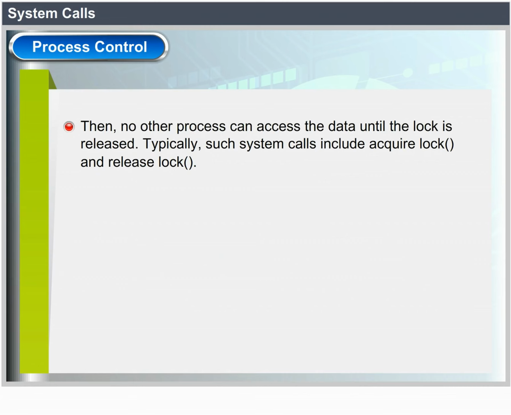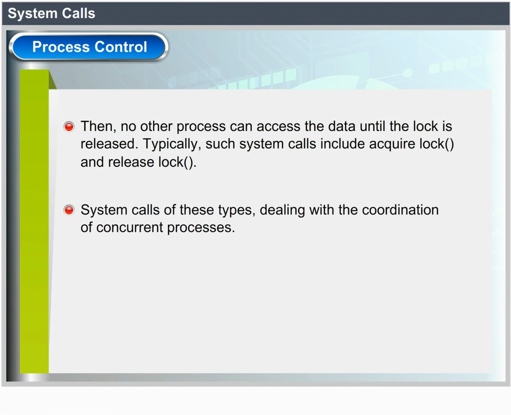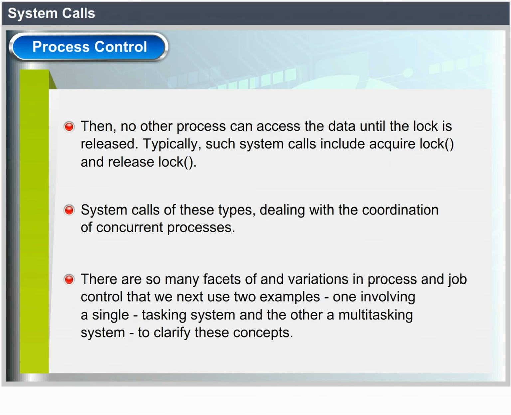System calls of these types deal with the coordination of concurrent processes. There are so many facets of and variations in process and job control that we next use two examples, one involving a single tasking system and the other a multitasking system, to clarify these concepts.